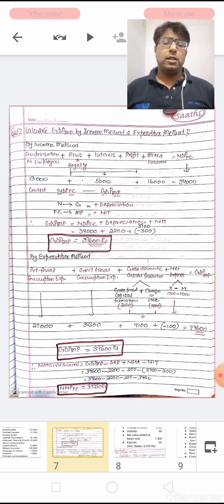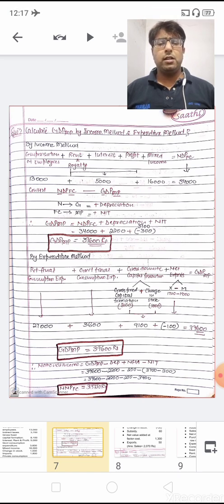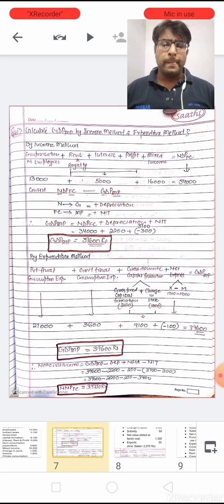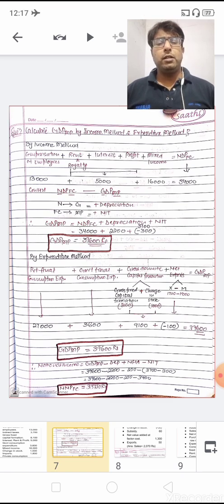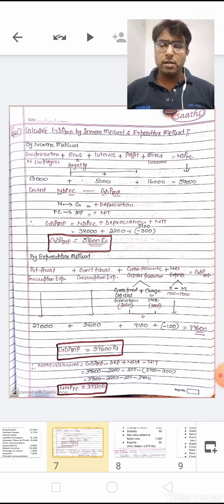So 3,700 minus 300 becomes 3,400. So 34,000 plus 2,200 plus 3,400, therefore the value of GDP-MP is 39,600.